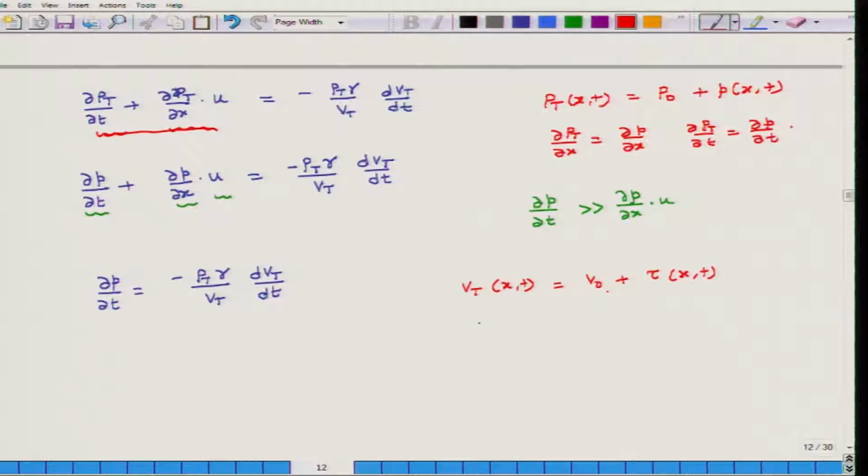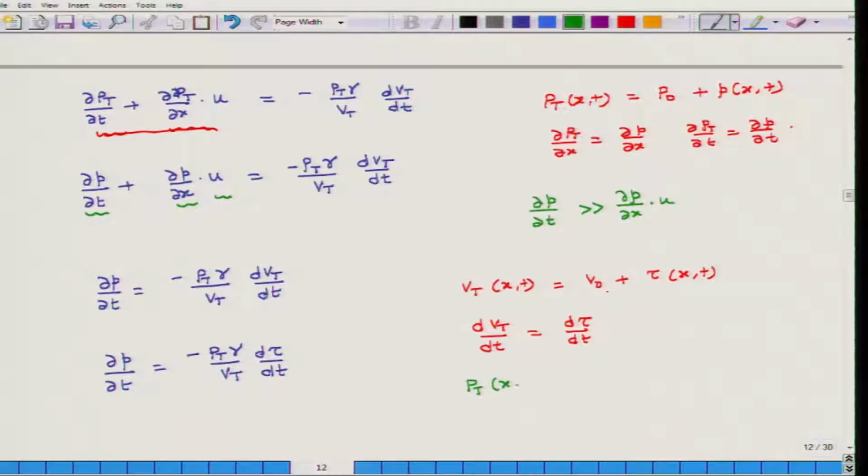Since V naught is constant, dVt over dt is equal to d tau over dt. So, this relation further gets modified as partial of p with respect to time equals minus Pt gamma over Vt d tau over dt.